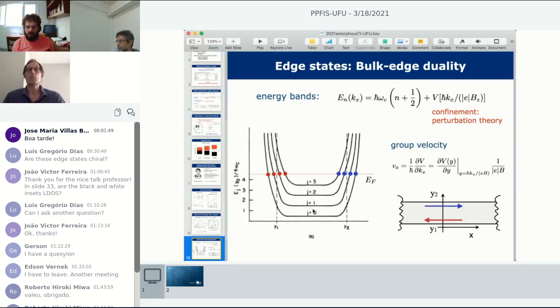These structures are by no means small, but interestingly enough, they exhibit integer quantization of the steps due to these individual channels. And this you can explain nicely in this picture.